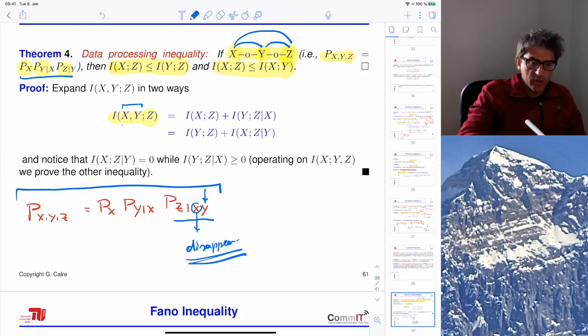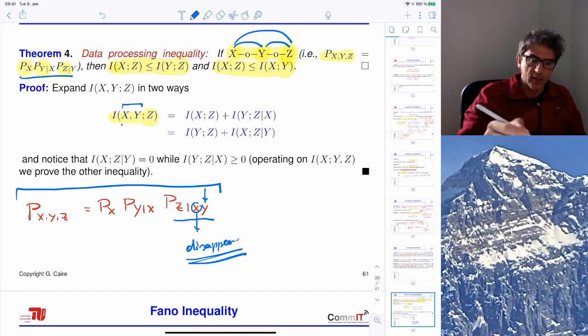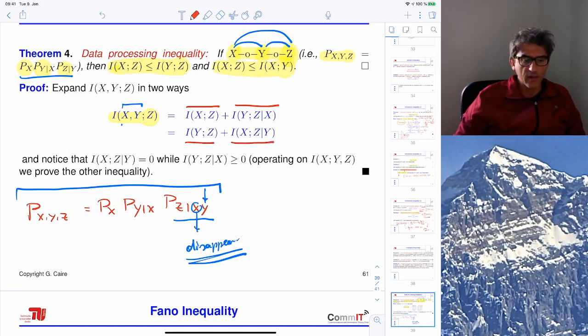You see, this is a vector of two components and this is a scalar, so I can expand this in the order X, Y. I use the chain rule, and I get the mutual information of the first component X and Z, plus the mutual information of the second component Y and Z given the first, X. Or I do the expansion in the direction Y, X, and so I have the first here and the second given the first here, right?